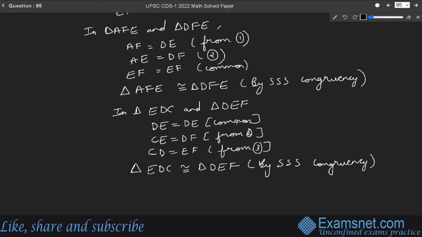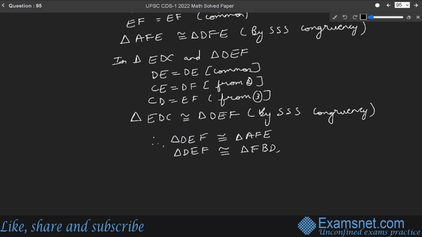Therefore, similarly, triangle DEF is congruent to triangle AFE, and triangle DEF is also congruent to triangle FBD, and triangle DEF is also congruent to triangle EDC.